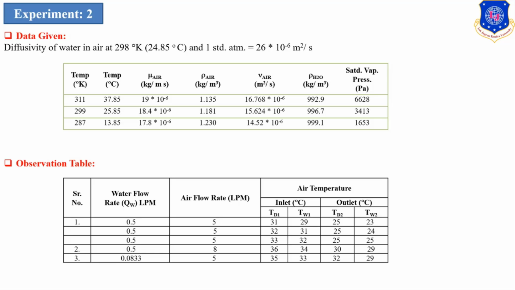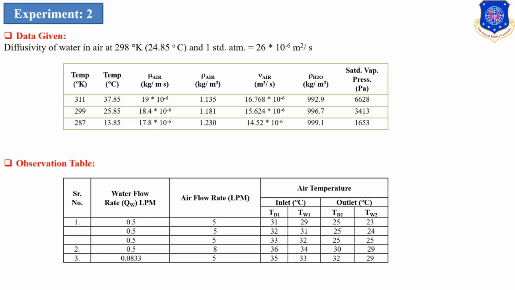Okay, so as you can see, after 5 minutes the dry bulb temperature at inlet was 31 and the wet bulb temperature was 29, while at outlet the air temperature was reduced, that is 25 for the dry bulb temperature and 23 for the wet bulb temperature.